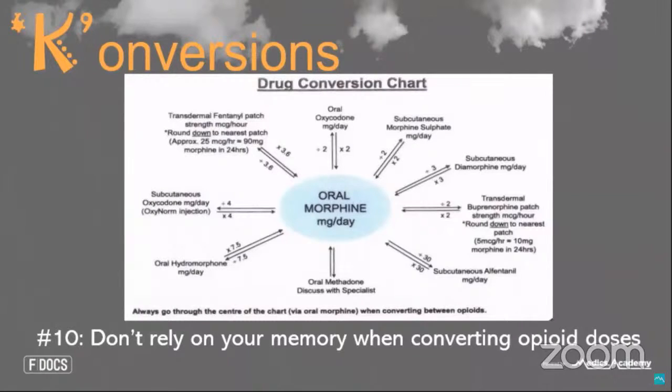And even if you do remember them, it's good practice to check them from a reliable source, so a conversion table or diagram such as this, or an opioid dose converter. The handout that will be available alongside this session will have a hyperlink to an online opioid dose converter that can be very helpful as a check-in point.